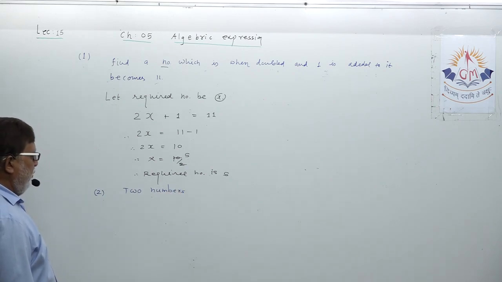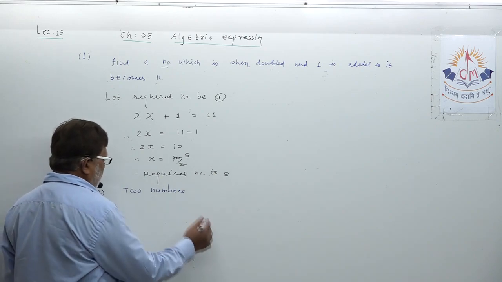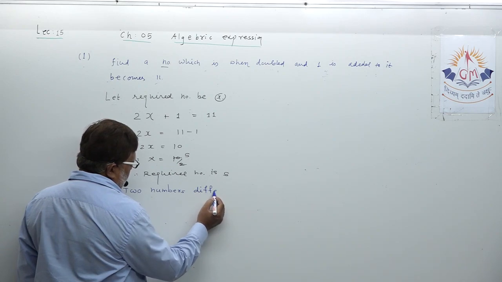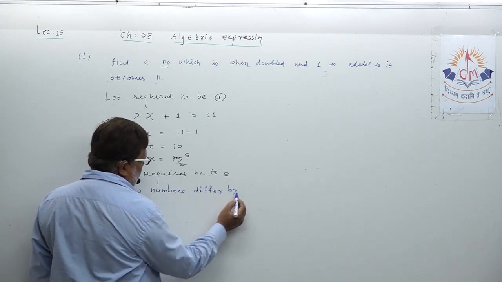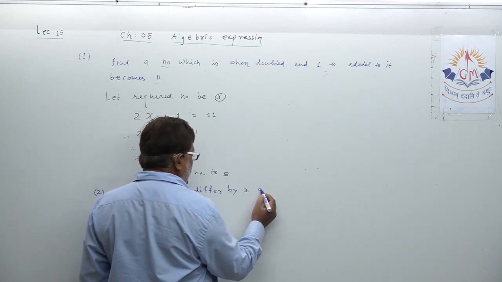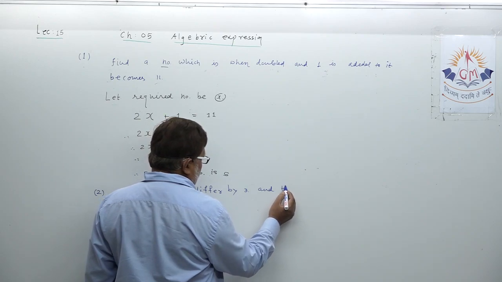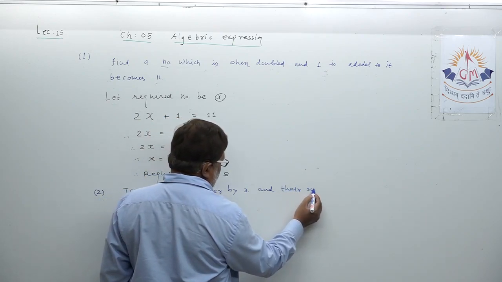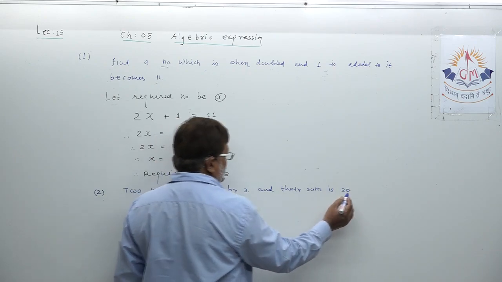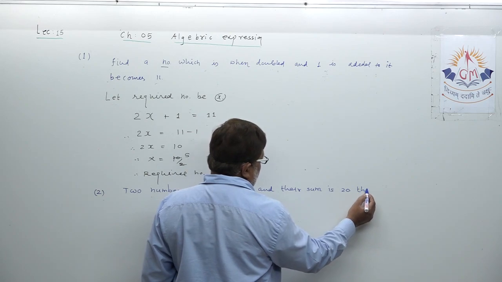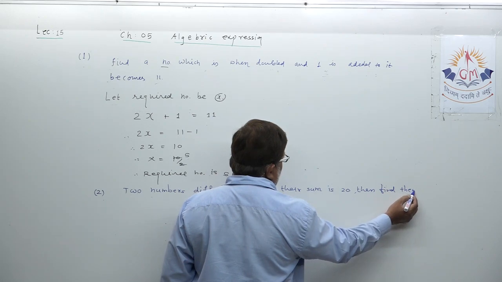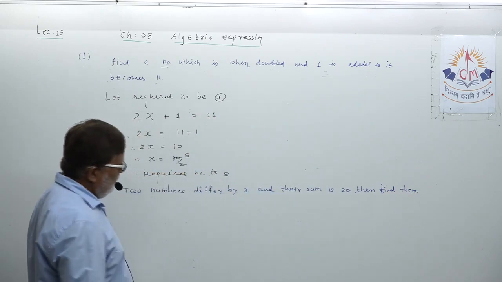Two numbers differ by 3 and their sum is 20. Then find them, means we have to find both the numbers.